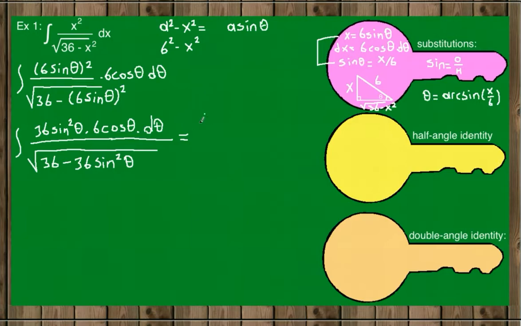Now we can factor out 36 here. And what is left inside is 1 minus sine squared theta. And on the top, everything else is there: 36 sine squared theta times 6 cosine theta d theta.